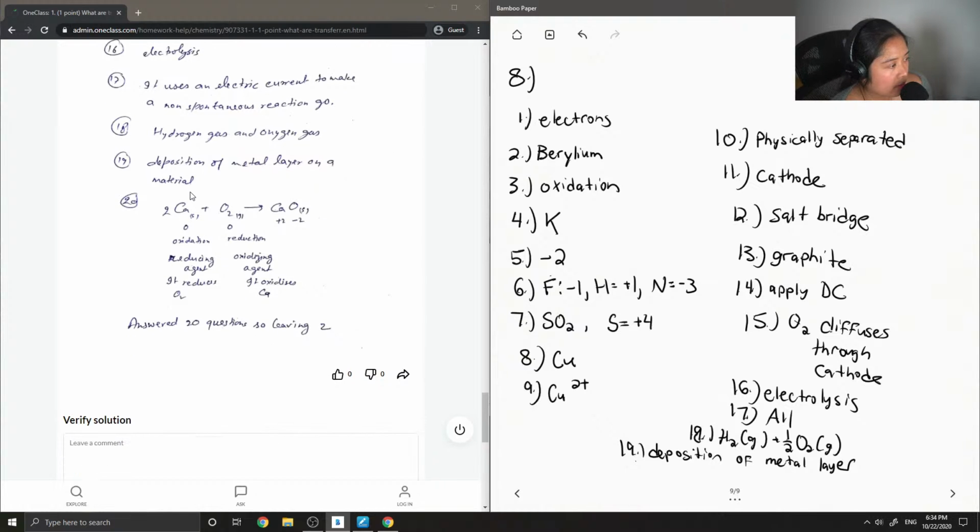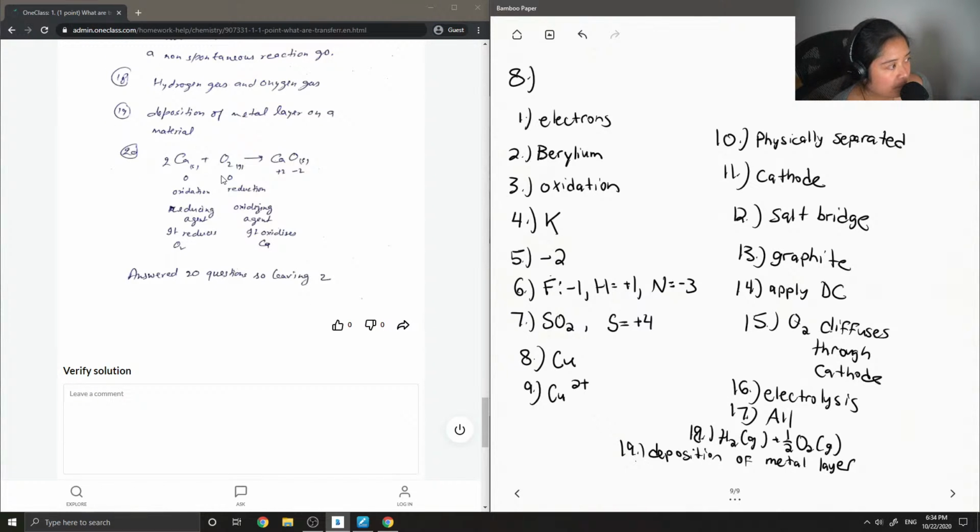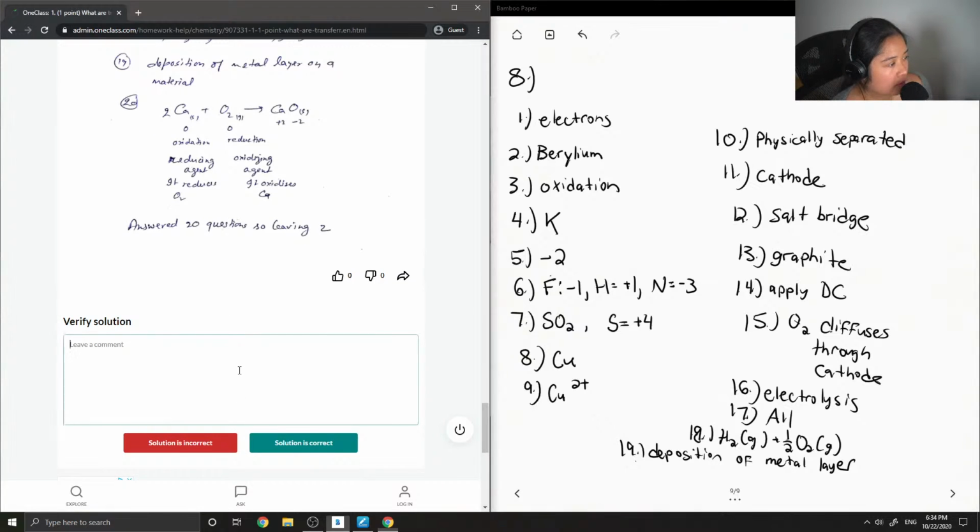Hydrogen gas and oxygen gas, deposition of metal layer on a material. Okay. I'm just going to mention that O has a -2 oxidation number when not a peroxide. Solution is correct.